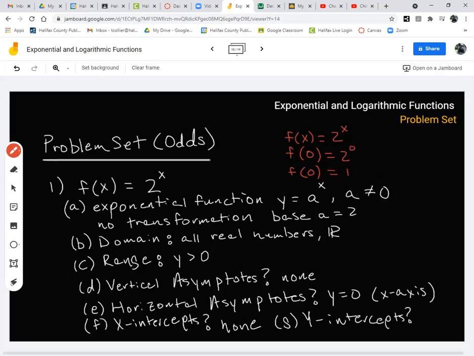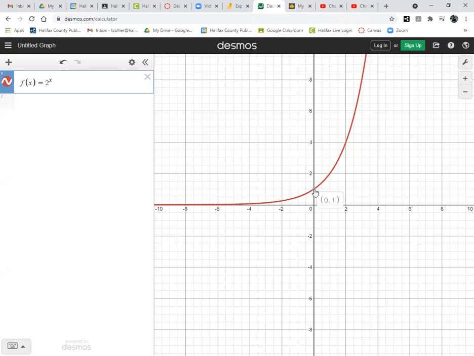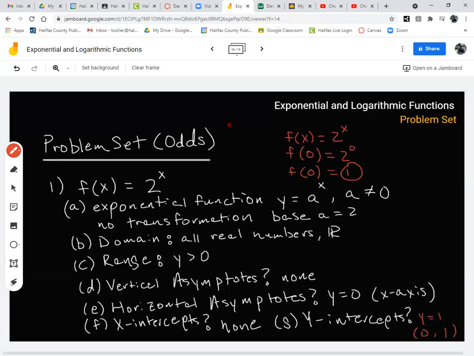So 1 is actually going to be the y-intercept. Y equals 1. But that would be the equation of a line. The way I would write it is as an ordered pair 0, 1. So that's going to be the y-intercept. And we know that it's y equals 1 because when we look at the graph, it's going to cross the y-axis at the point 0, 1. So that is why that is the y-intercept.